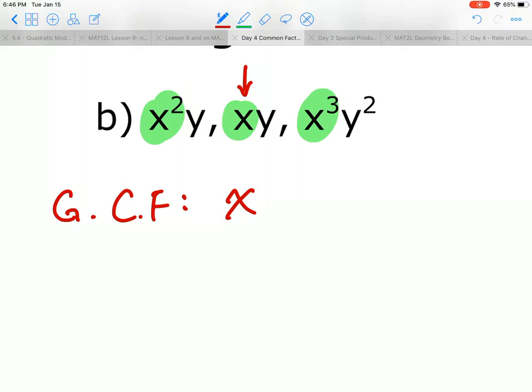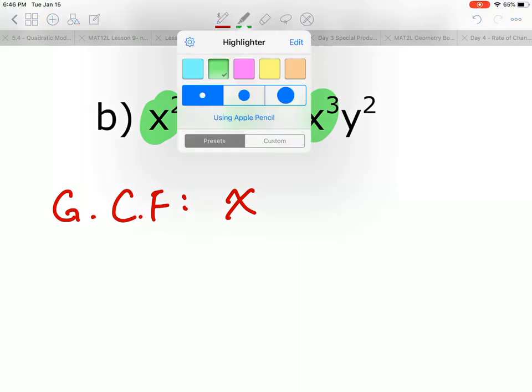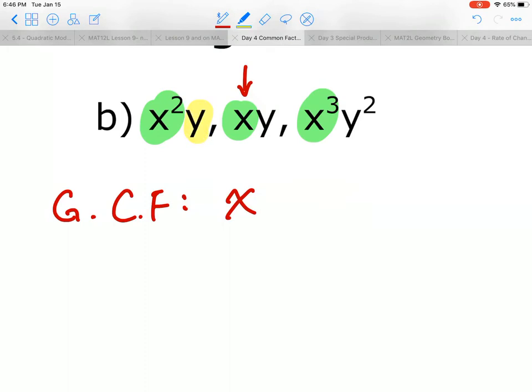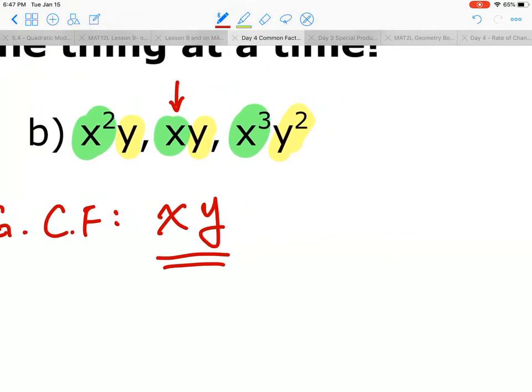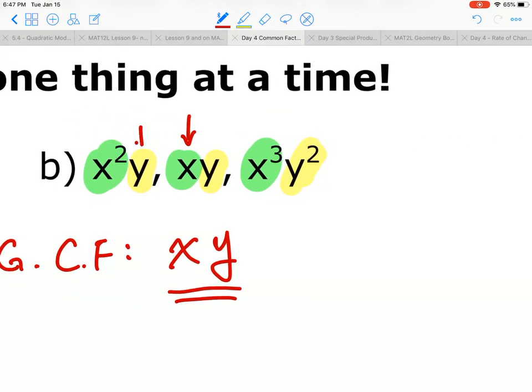Next, we have y, and y squared, which I highlighted in yellow. All three terms have y, so that is common among them. Therefore we put y and look at the lowest exponent, which is y to the power of 1. So our GCF will be x to the power of 1 times y to the power of 1, which is just xy, okay?